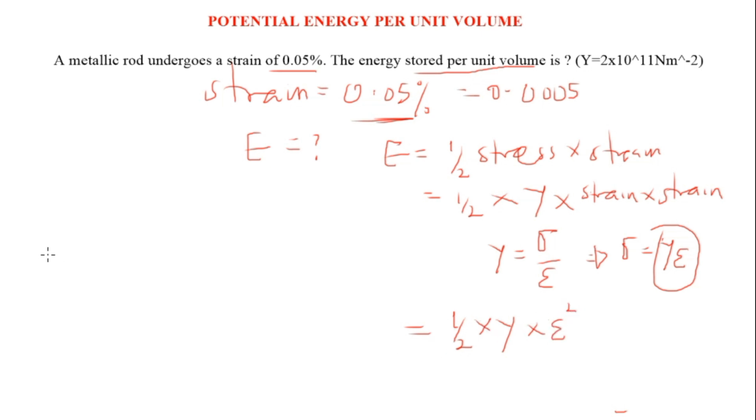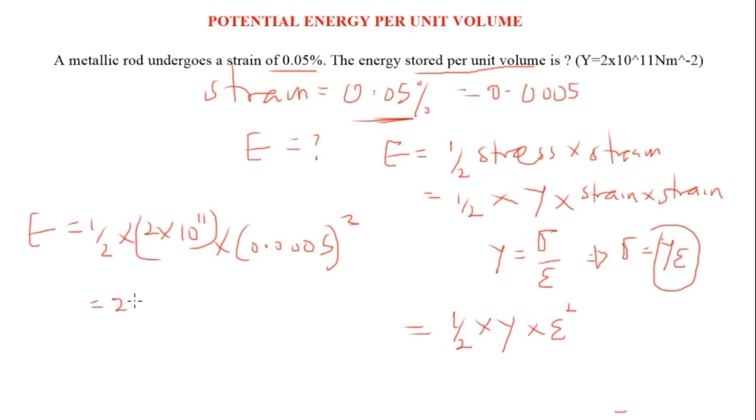Then substituting, this is the energy density, or the energy stored per unit volume: half of the Young modulus of the material multiplied by the square of the strain, which is 0.0005 squared. So if we do this correctly, we should have 250 joules. All right, not joules but joules per meter cubed.